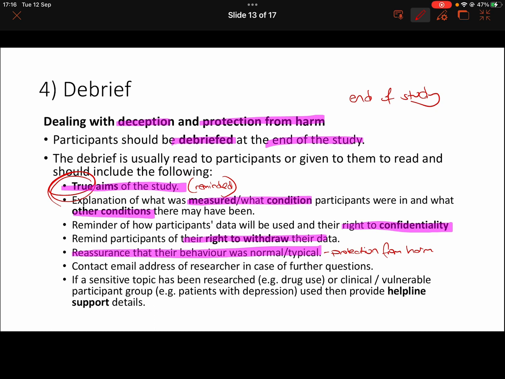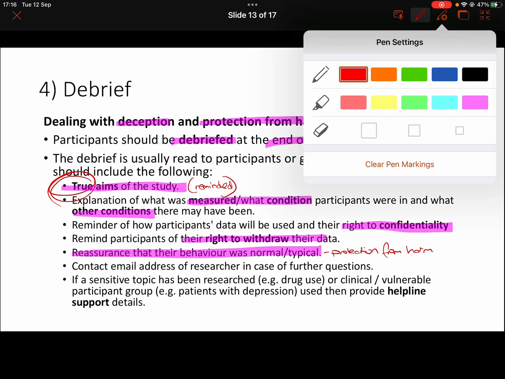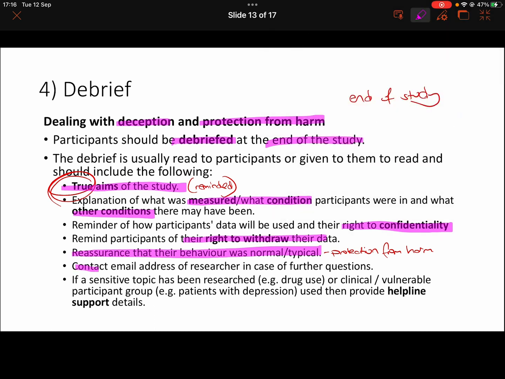Most people do the same. It's okay. We give them our email address so that if they have further questions in the future, then they can ask us. Also, if they choose in a week's time to withdraw their data, they know who to contact.